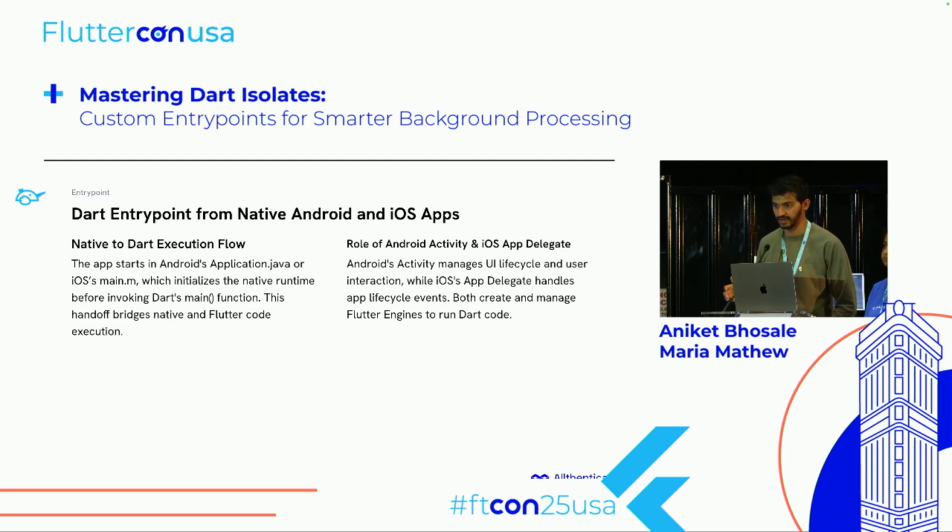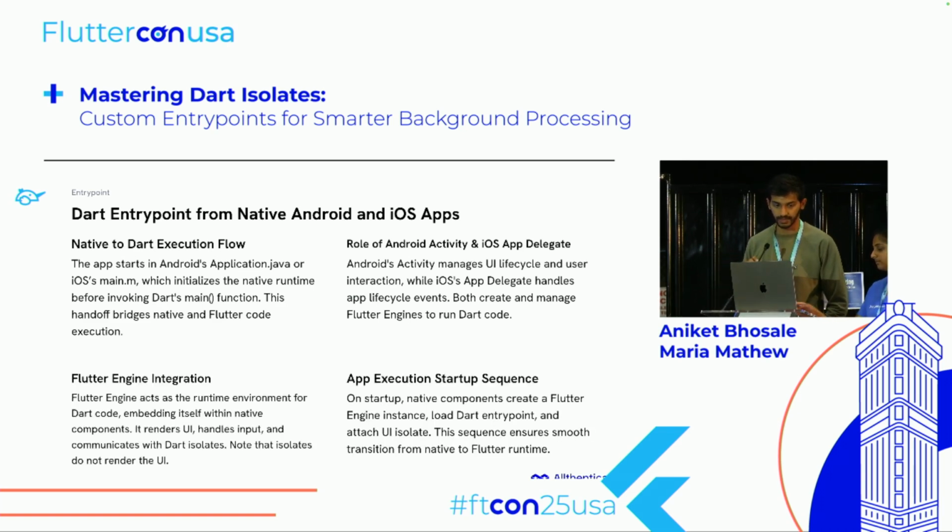And you can have multiple activities, you can have multiple app delegates per app. These would just be your screens that you go through on your app. So if you had a native app and you wanted to use Flutter in there, you could just create another activity or an app delegate and create a Flutter engine, and then start using all of the goodies that Flutter affords you.